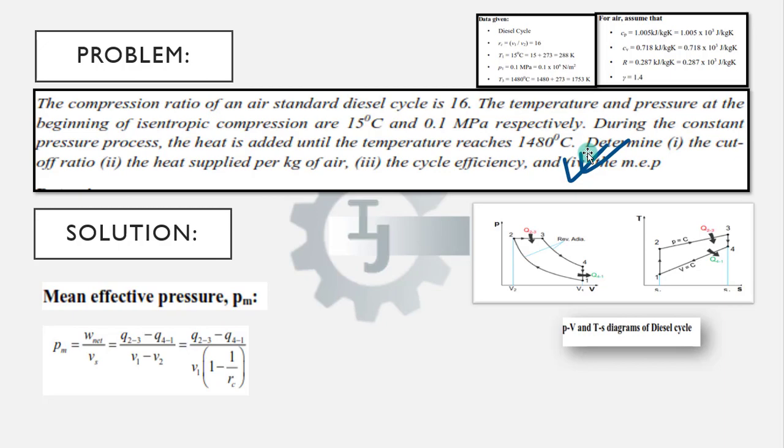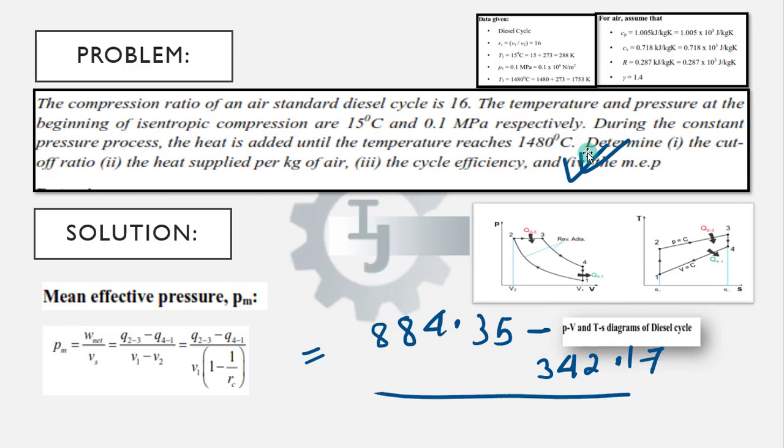The value of Q23, that is heat supplied, is 884.35 minus the value of heat rejected, 342.17, divided by V1.